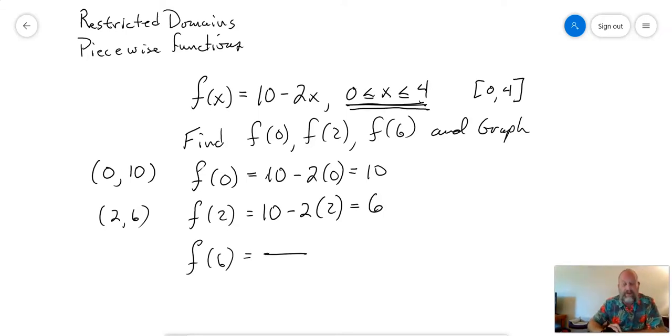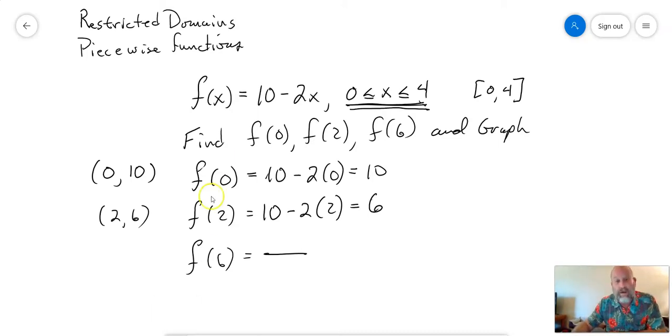So there's nothing I can do. It's undefined there. Now, I do want to point out that there are certain books and certain situations where it is assumed that the function value is 0 everywhere outside of this interval, but this particular book doesn't look at that. So this basically does not exist because it's not defined there.